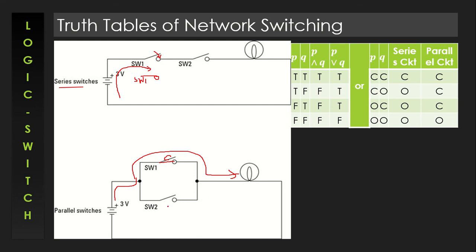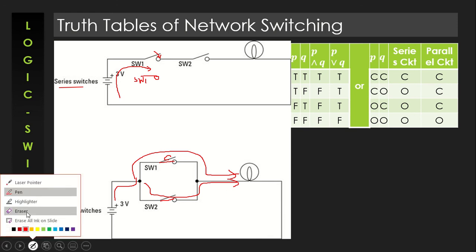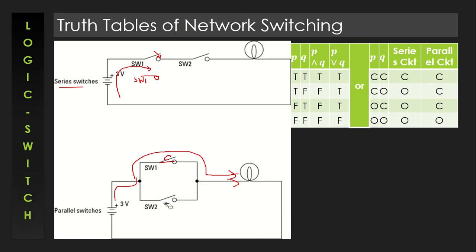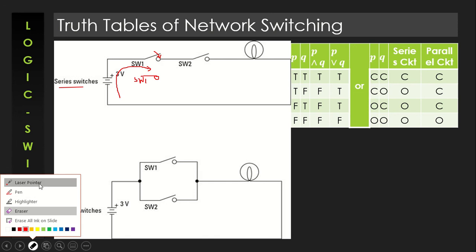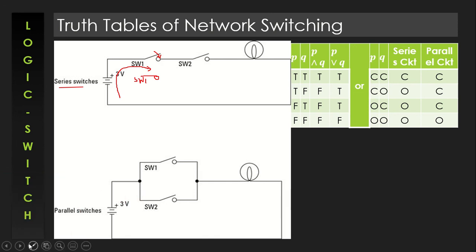If both are closed, then it will also light the bulb. However, if switch 1 is open and switch 2 is closed, of course the bulb will also be lit up, right? So this is the flow.